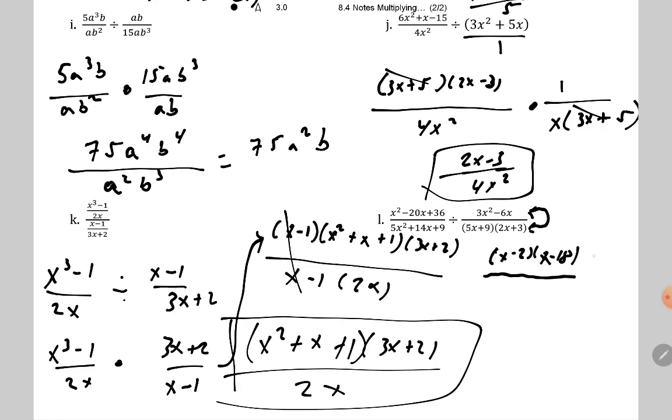And luckily, when it gets flipped over, these two are already factored. 5x plus 9 and 2x plus 3. Okay, now let's look at the bottom. 5x squared, so 5x and 1x. Let's give myself some more space.